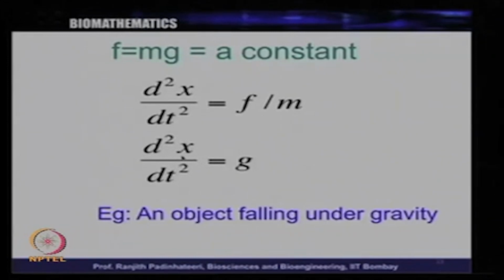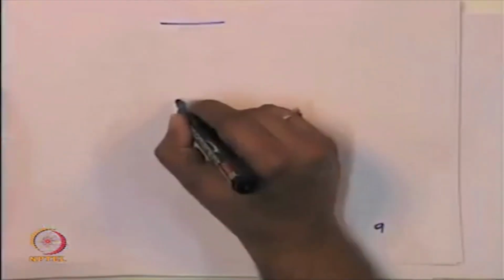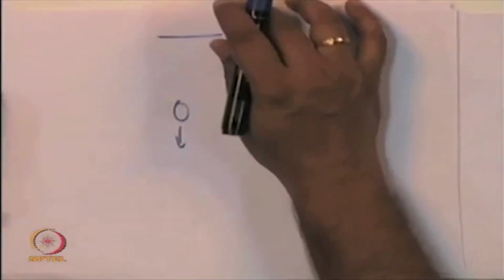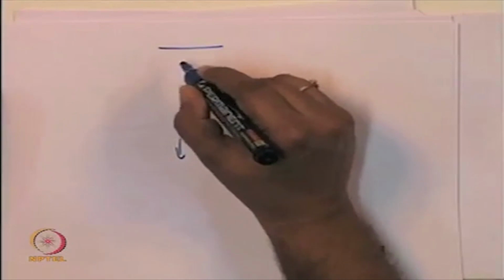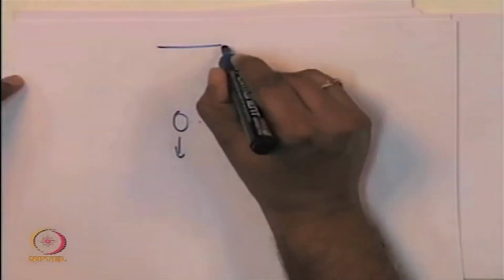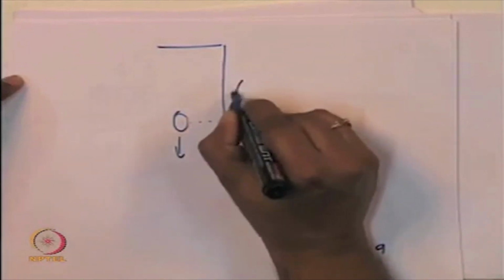So, let us try and understand a little more what this equation actually means. Let us say an object is falling from here, and this is the object which is falling. It started falling from this particular position. So, let x be the distance from the initial position at any point.